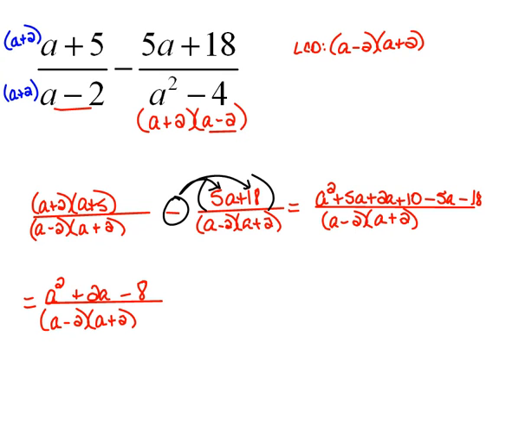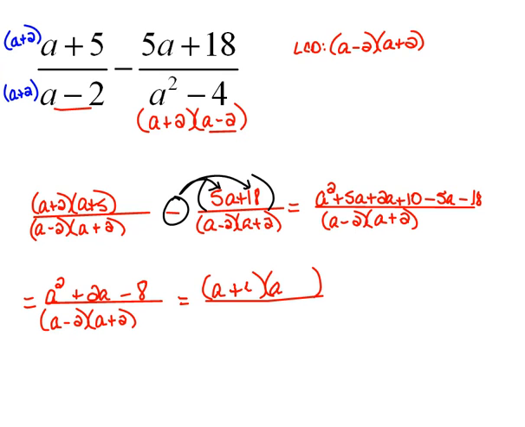Now, we can't see if there's anything that will simplify because our numerator is not factored. So our next step is we need to factor our numerator. Hopefully it will factor. Probably a times a. Let's think of things that multiply together to get an 8 that will somehow give us a 2 as our middle term.